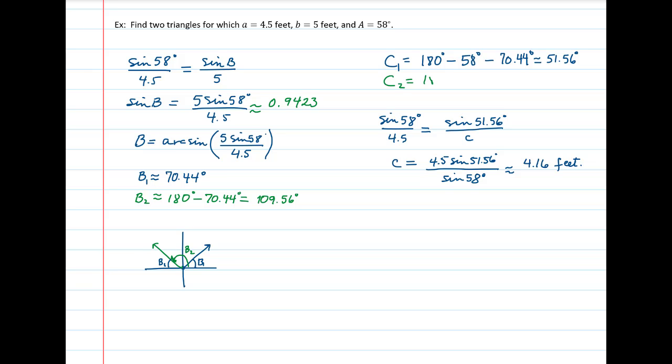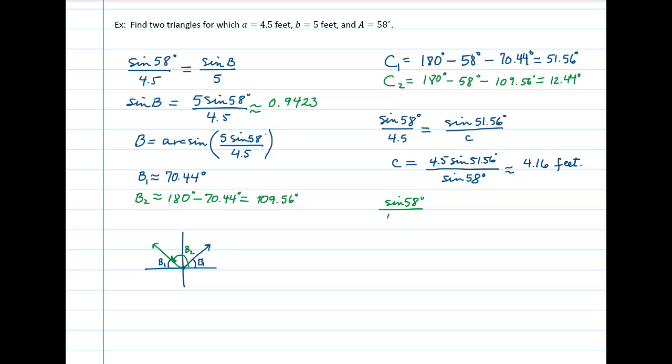Now in the same way, we're going to find the second triangle. We're using our B2 here, and I'm doing it here in green. So C2, angle C for that second triangle, is going to be 180 degrees minus 58 degrees minus 109.56 degrees, okay? And that gives us 12.44 degrees. And with that, we're going to find lowercase c for that second triangle.